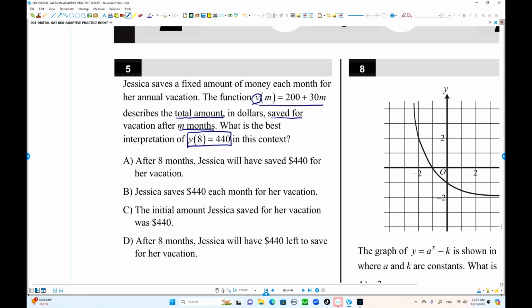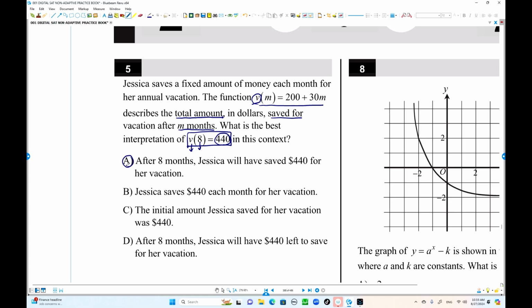What does that mean? The first one, B is the total amount for the vacation we have to save. And M is the number of months, so 8 months is saved. How much? $440. Okay, so we got the answer right away over here.